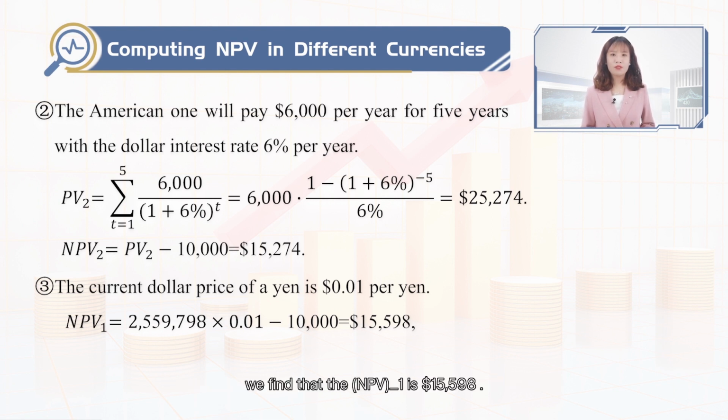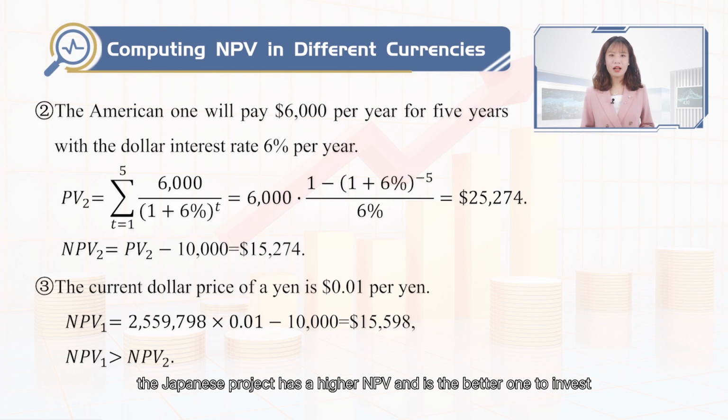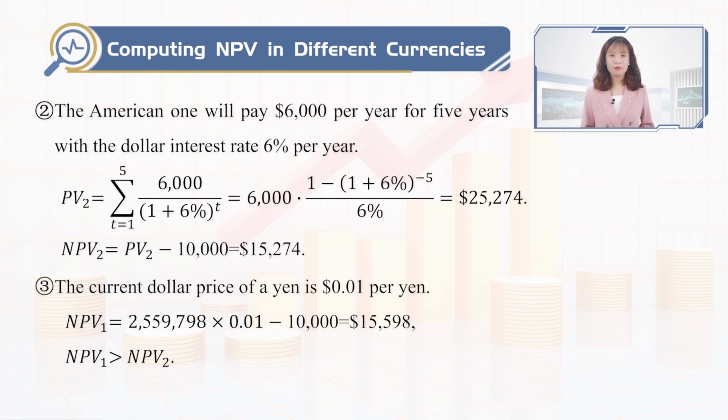Further, we find that NPV1 is $15,598. Thus, the Japanese project has a higher NPV and is the better one to invest in.